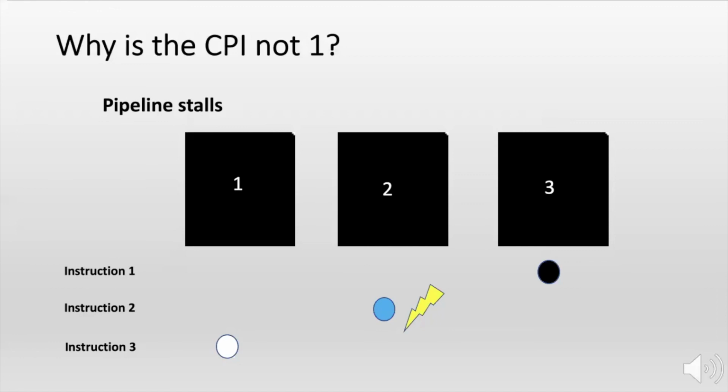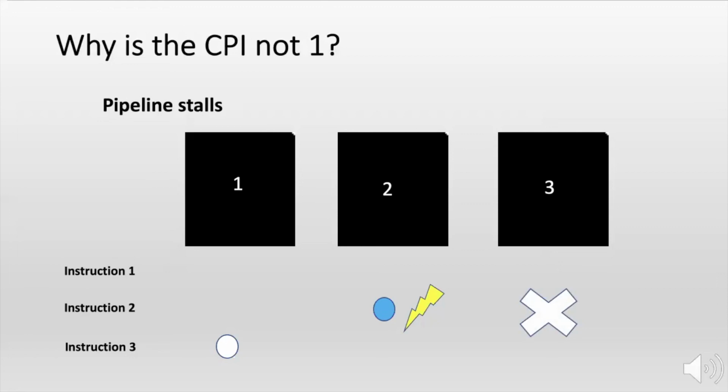Like a mistake, for example, in task 2 for the blue ball here, which represents the second instruction. So imagine there's a hazard, that means that we stall a bit in that task. It takes a bit more time. So what happens is simultaneously task 3 of instruction 1 will be done. But task 2 will still be in progress.